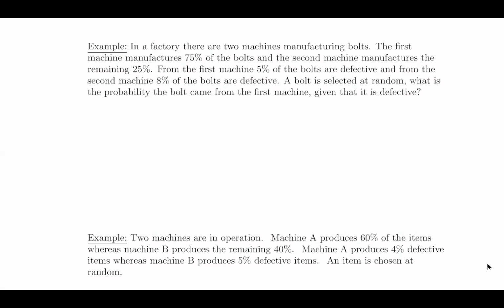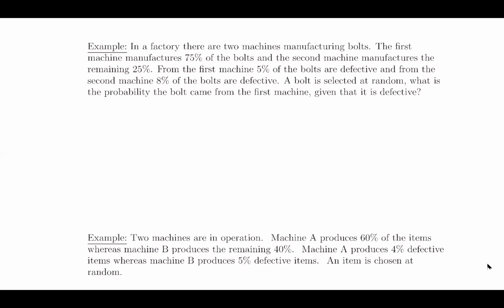So if you notice for this one, they're talking about manufacturing. So how much does a machine manufacture? And then they're talking about how many of those boats that are manufactured are defective.